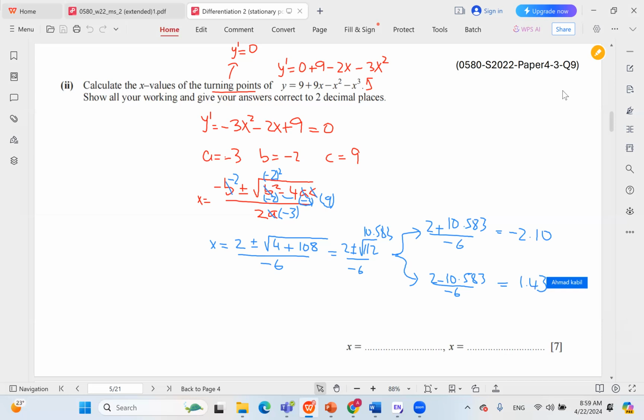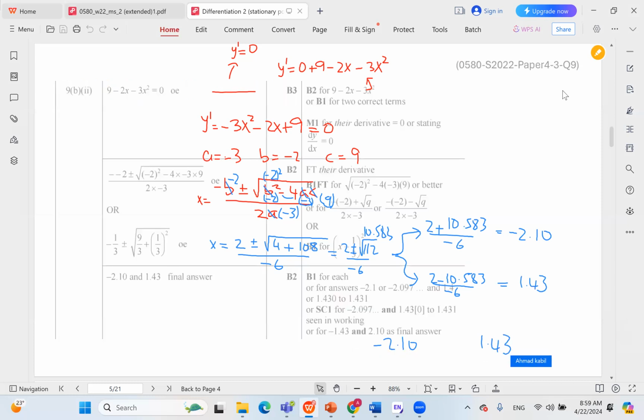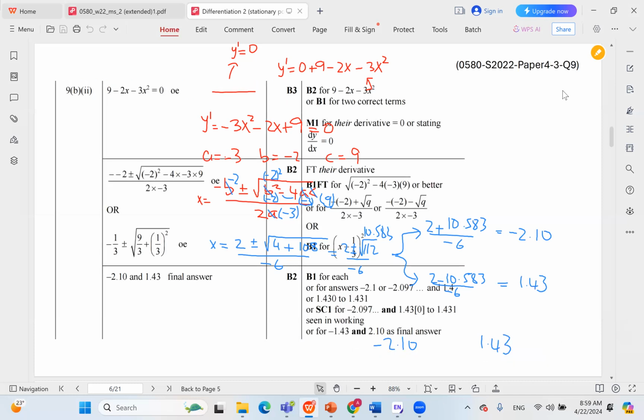Finally, we don't need to get the y values here because they just want the x values. So we're just going to write these down as our final answers, negative 2.10 and positive 1.43. And these are the correct final answers. You can see them right there in the marking scheme.